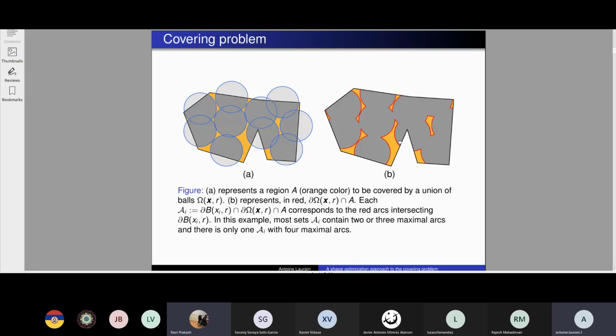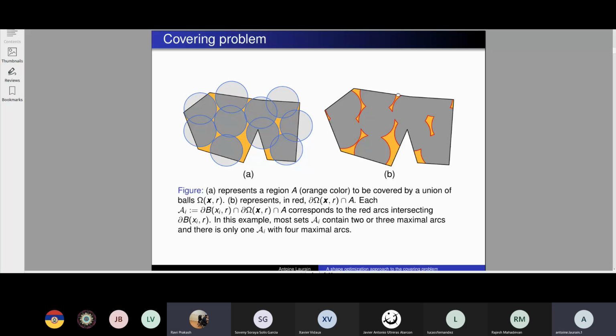Okay. So this set calligraph AI is important. For instance, let's say this ball is B1. So the calligraph A1 would be this arc and this arc. For instance, if this one is the ball B2, then the calligraph A2 would be this arc and this one.